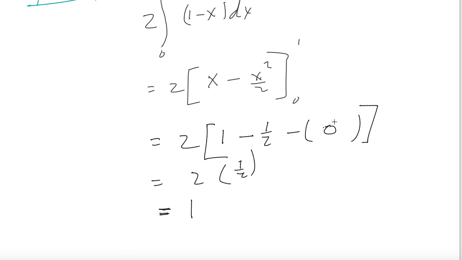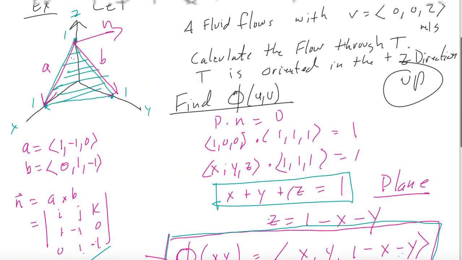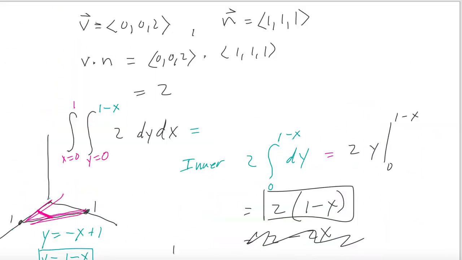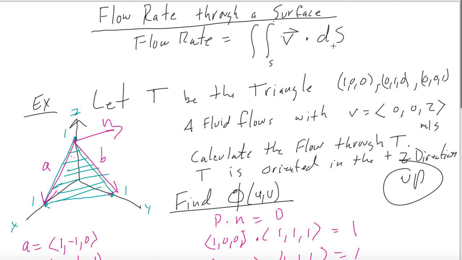All right, now, because our initial velocity was in meters per second, when we look at this, we have our integral of a velocity dotted with dS.